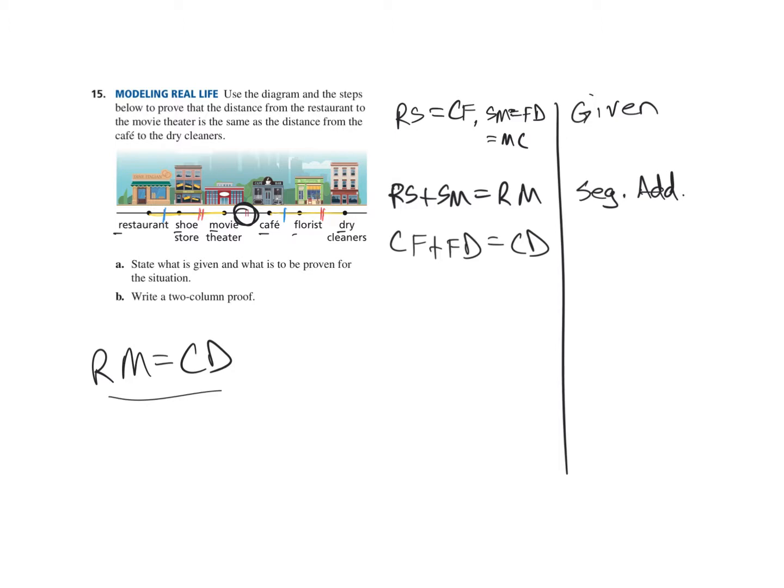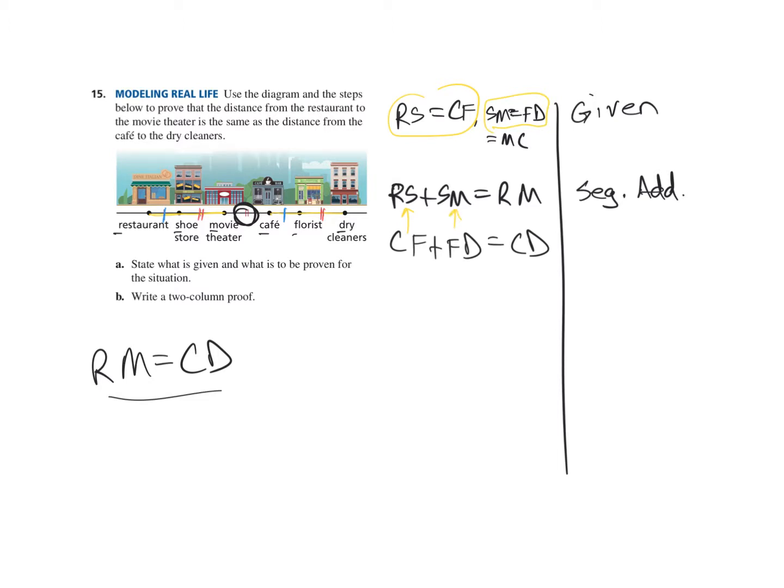At this point, we can show that you have this part right here, RS and CF. We're going to substitute CF in there. And also, SM and FD are equal, so we can substitute those in.